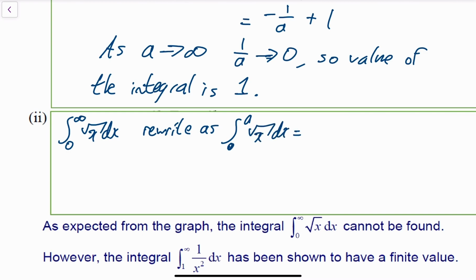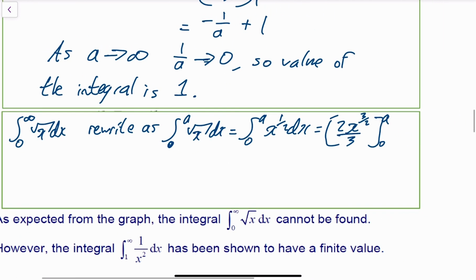And again, we get that in index form first, that's x to the power of a half. Integrate that, raise the power by 1, it goes up to 1.5, written as 3 over 2. Divide by the new power, dividing by 3 over 2 is the same as multiplying by 2 over 3. And then it's between a and 0.